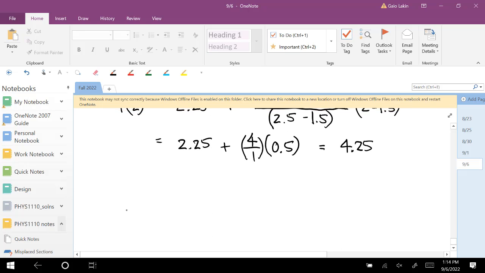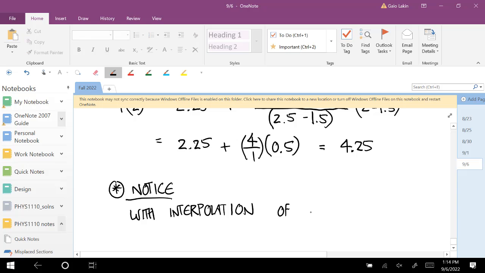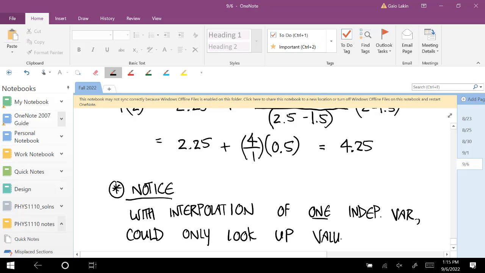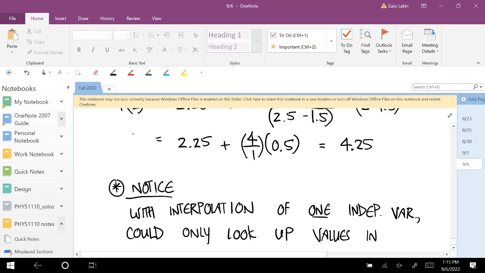But just notice for now, with this interpolation of one independent variable, we could only look up values in saturation tables.